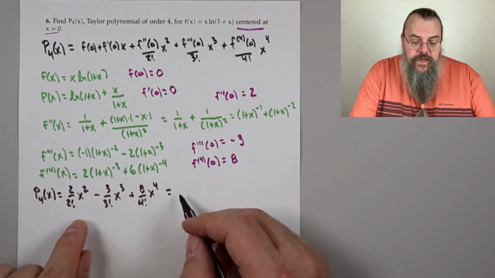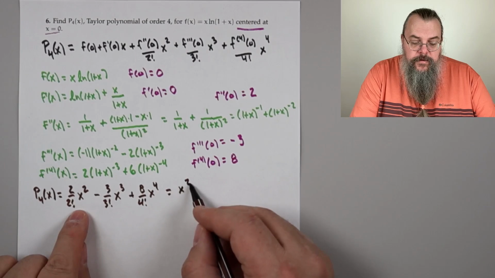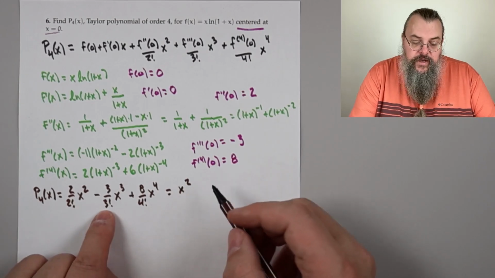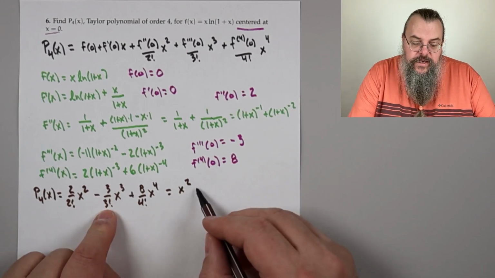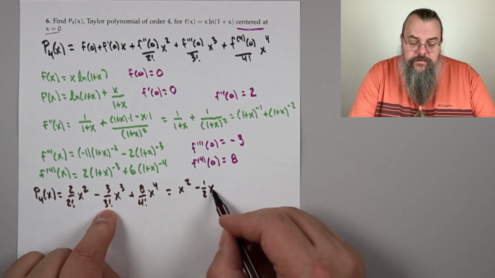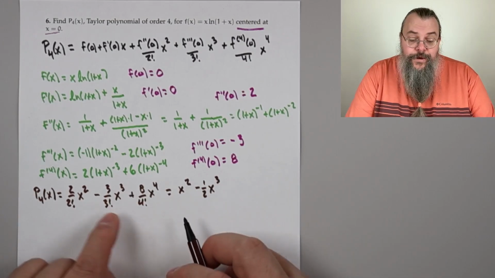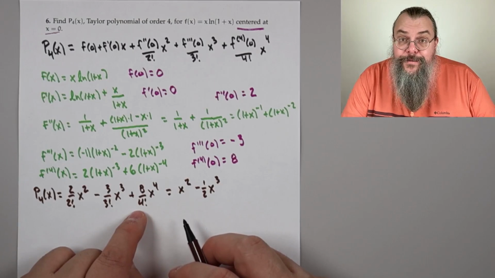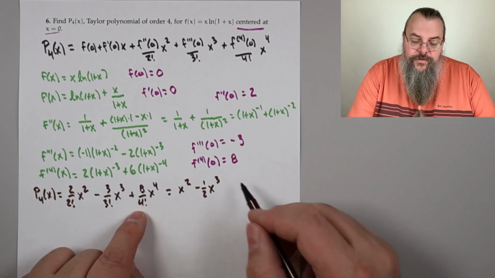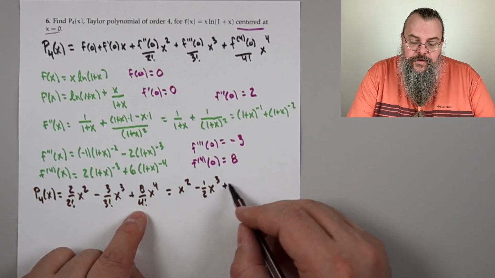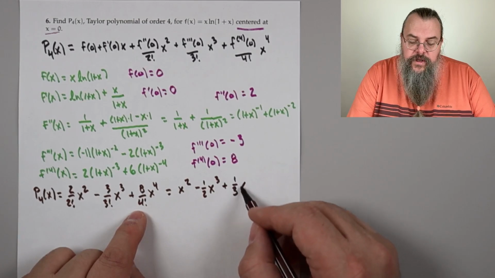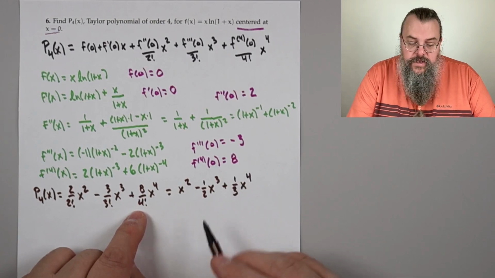Well, that would make it x squared. 3 factorial is 6. 3 over 6 is a half. 1/2 x cubed. 4 factorial is 24. 8 over 24 is 1 over 3. So 1/3 x to the 4th.